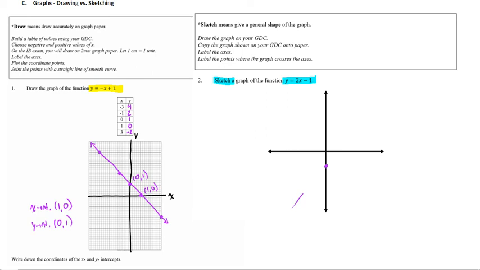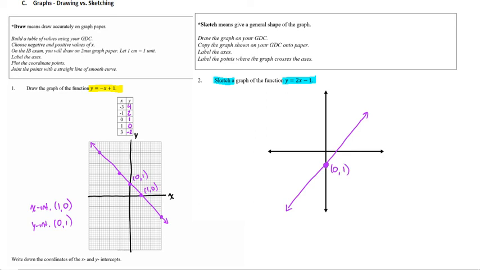So my graph might look something like this. So that's a sketch. General direction, slope, and y-intercept are there, but you don't need any extreme precision other than labeling things like axis intercepts.